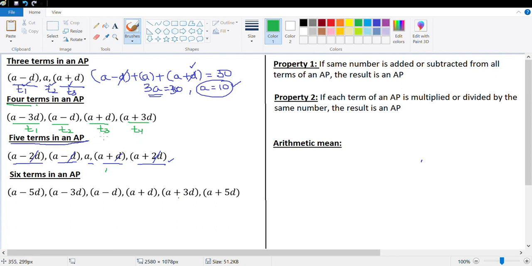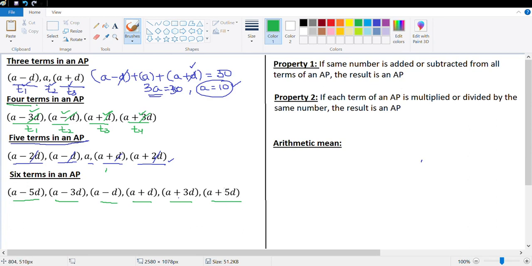Again, the same logic: if the sum of these 4 terms is given, negative 3d and plus 3d would get cancelled, negative d and plus d would get cancelled. So in the sum, I would be left with 4 times a. Right? So I hope the logic is clear. Similarly, if 6 terms are given, then you would take a minus 5d, a minus 3d, a minus d, a plus d, a plus 3d, a plus 5d.